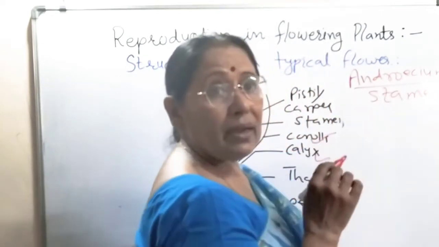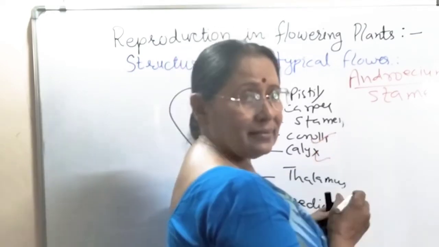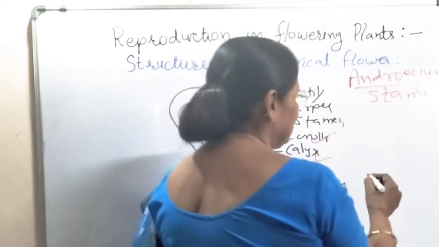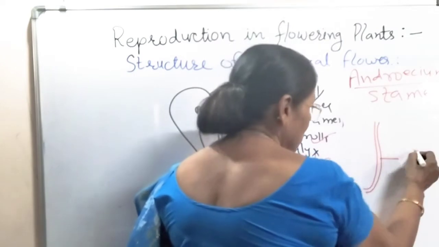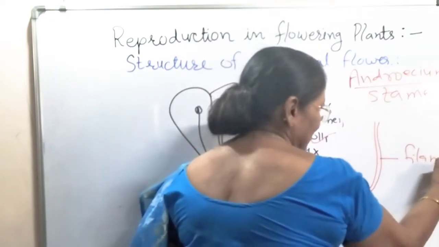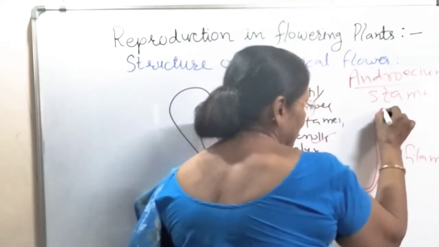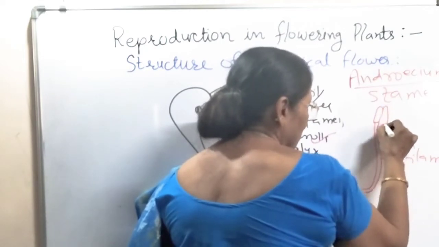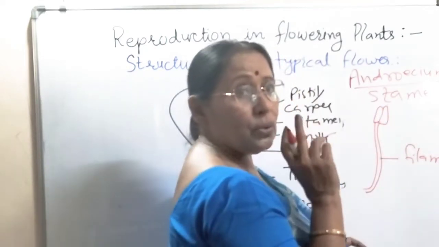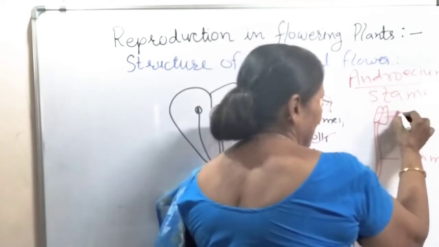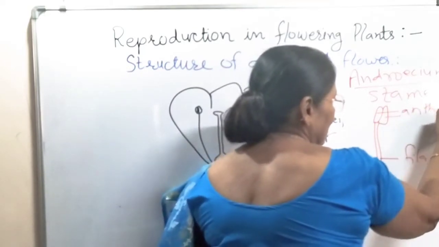This is male sexual part. What is the structure of stamen? The stamen has a long stalk called filament. And on top of it there are two anther lobes.